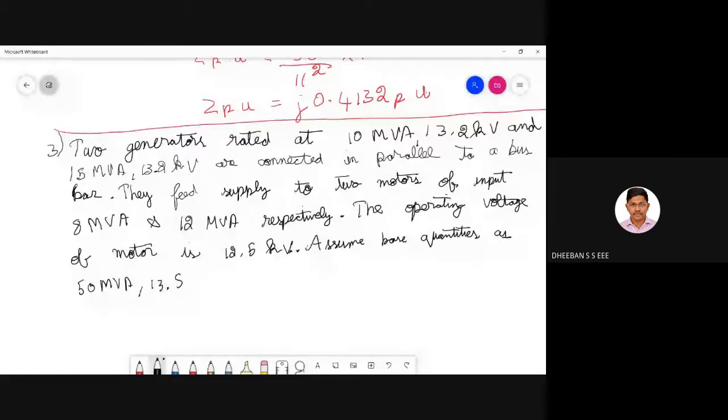What they're asking is to draw the reactance diagram.